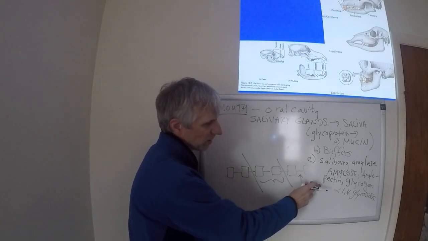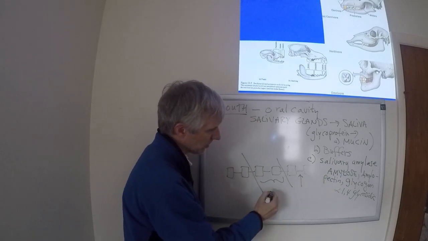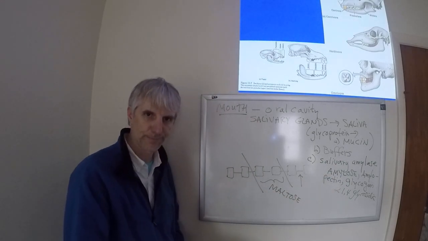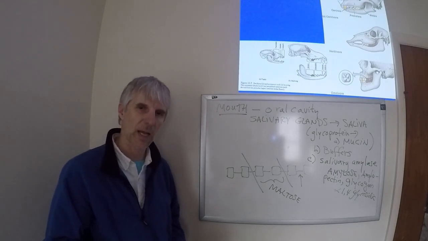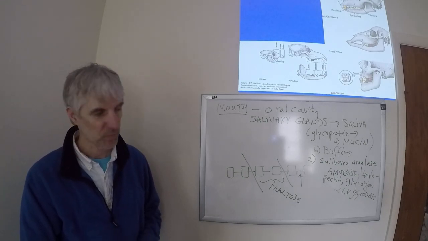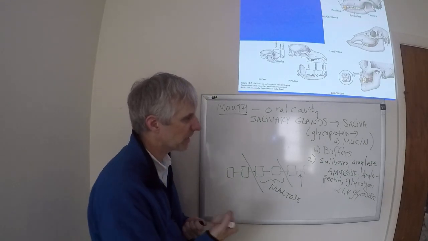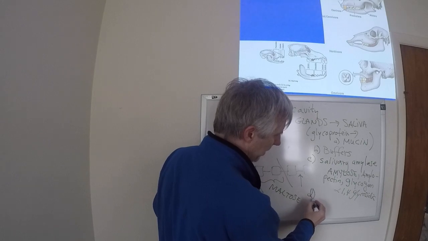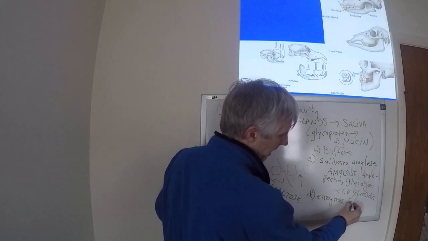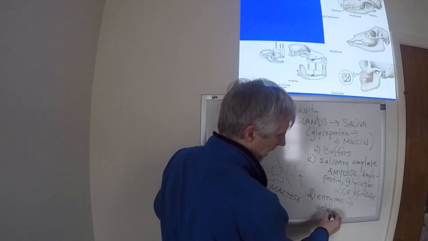So it converts amylopectin, amylose, and glycogen into a bunch of maltose, where maltose is a disaccharide composed of alpha glucose molecules. Okay?